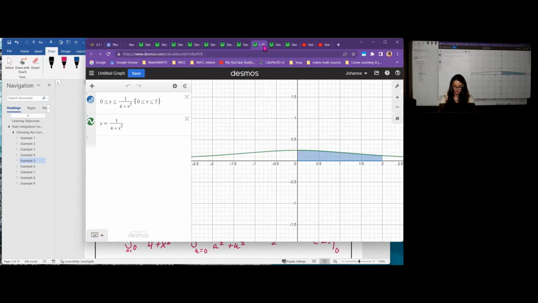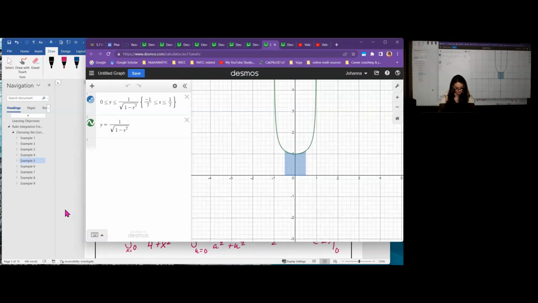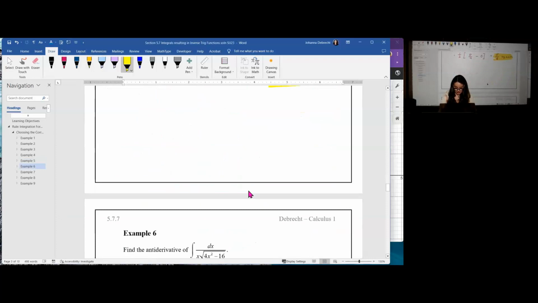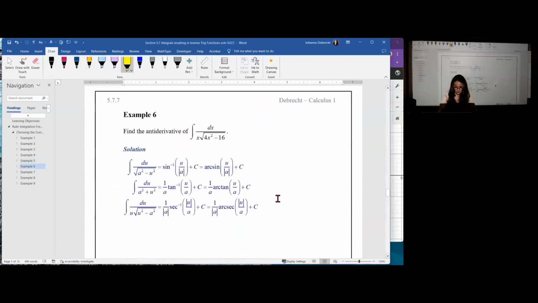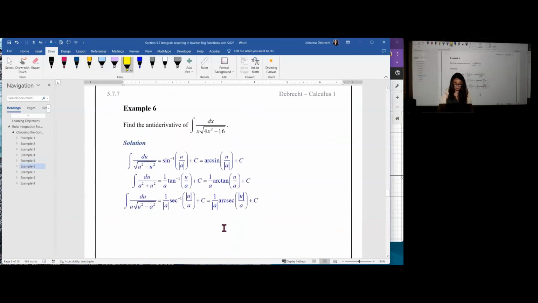We're ready to turn our attention now to example 6. In example 6, we have an indefinite integral. In this case, we have dx divided by x times the square root of 4x squared minus 16. I notice that it looks kind of Pythagorean related under the radical.